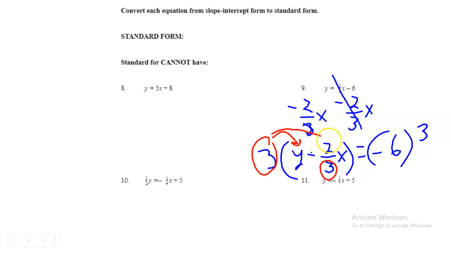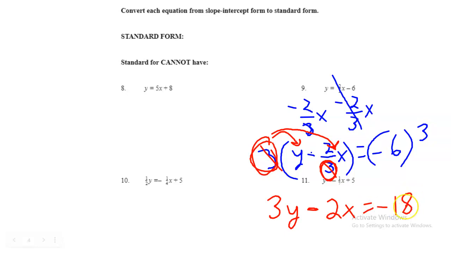I got to multiply everything by 3. So when I do that, I got 3 times y is 3y. So the minus. And then remember, this 3 and this 3 are going to cancel out. So I'm left with 2x. And that's equal to -6 times 3, which is -18.